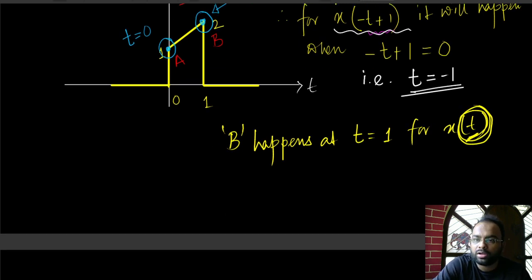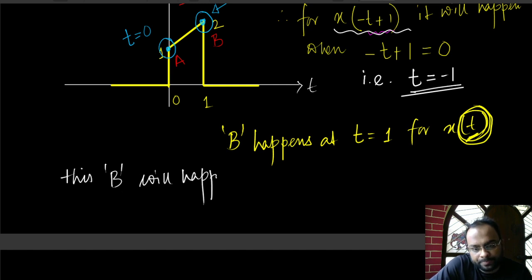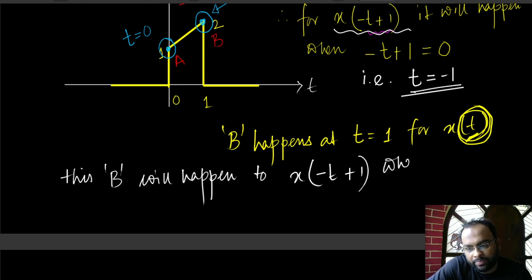In the same vein, B will happen for x(-t+1) when this internal argument, -t+1, is equal to 1.